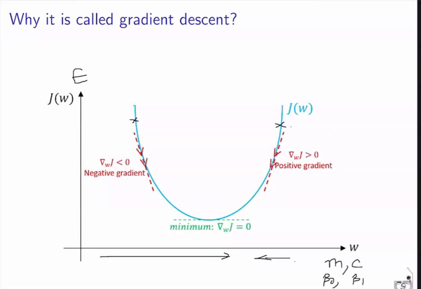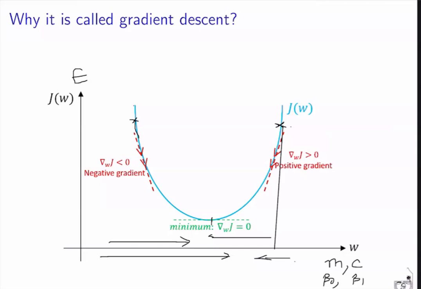If we start guessing from this point, then we want to increase the values of m or c. If we start from this point, our lower minimum value is in the left direction, which means we require to decrease the values of m and c.